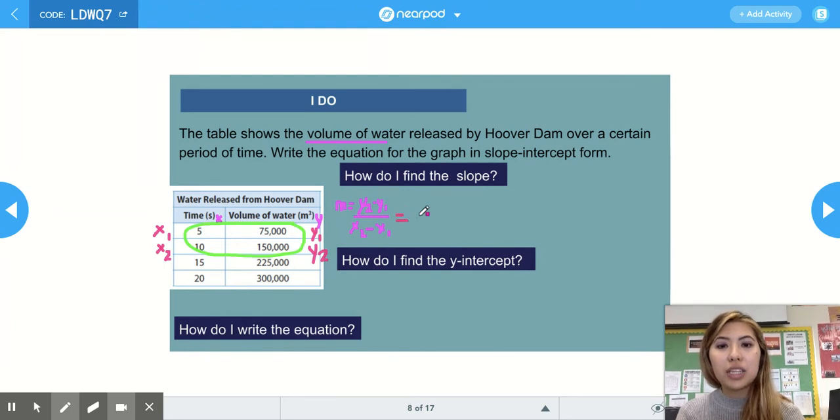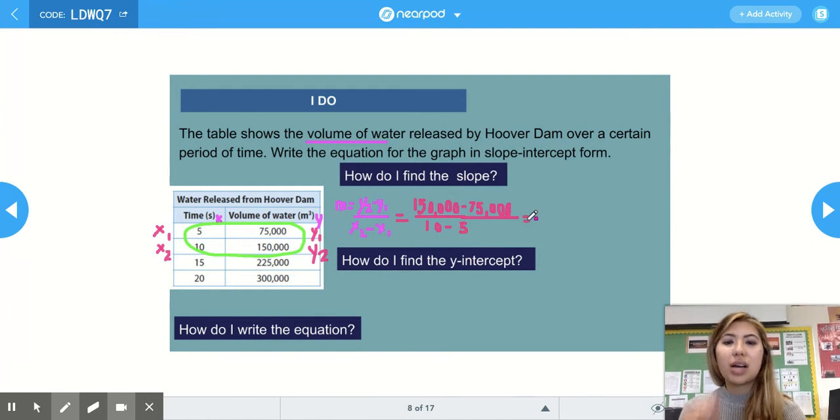And then I'm going to plug in the numbers into this equation. So y2 is 150,000 minus y1, which is 75,000, over x2, which is 10, minus x1, which is 5.